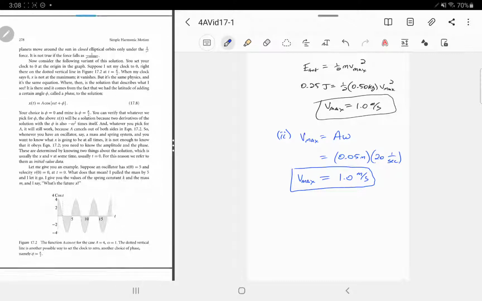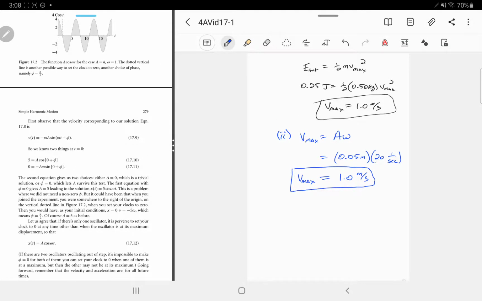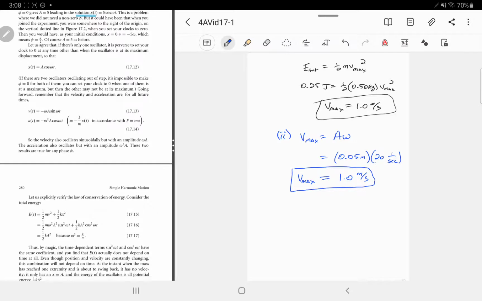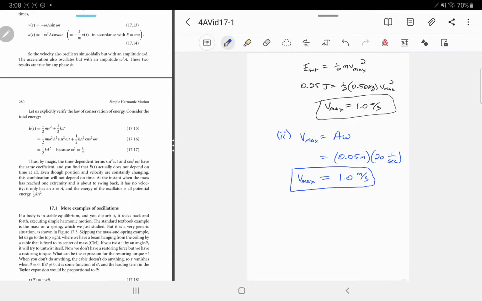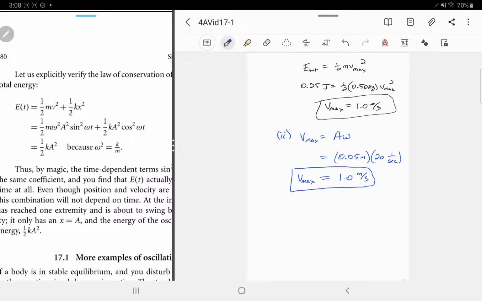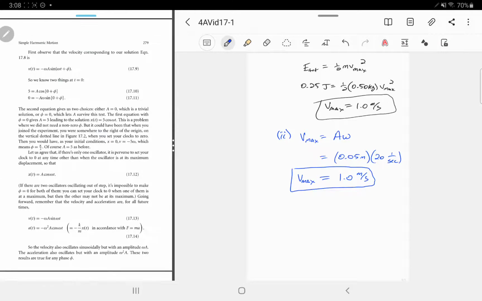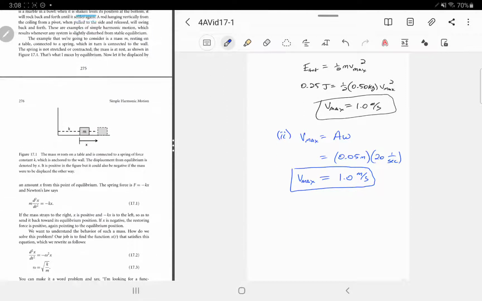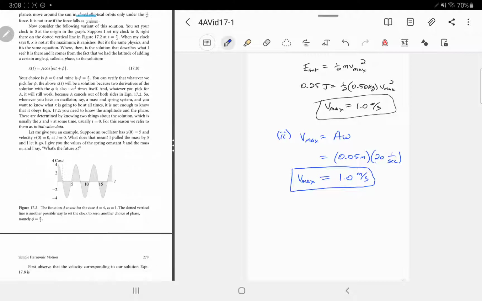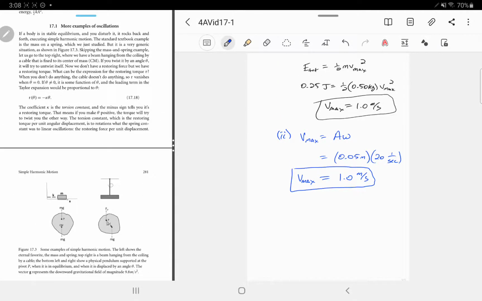This is the gist of what your book goes over in the whole section. It gives a quick example of it. And the information about the energy and how sine squared plus cosine squared equals 1 means that the total mechanical energy is constant. For some reason, your book doesn't give this a section number like it does for every other chapter. So this is just 17.0.